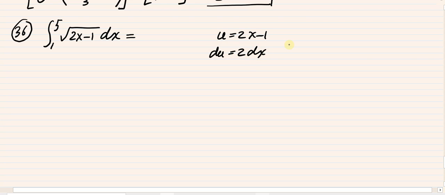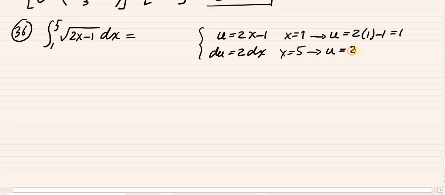Now, let me change limits of integration. Remember, anytime we use a u substitution, we have to change the limits of integration. So, when x is 1, u would be 2 times 1 minus 1 or 1. Doesn't change. Coincidental, pure coincidental. When x is 5, u would be 2 times 5 minus 1 or 9. That changed.